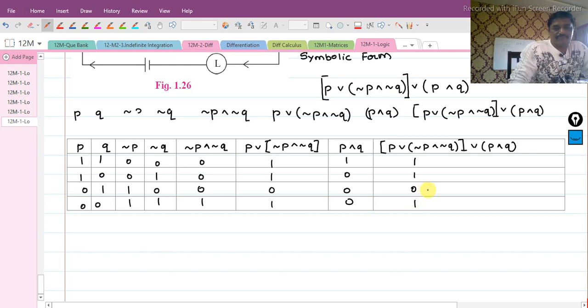The lamp is off when S1 is off and S2 is on.